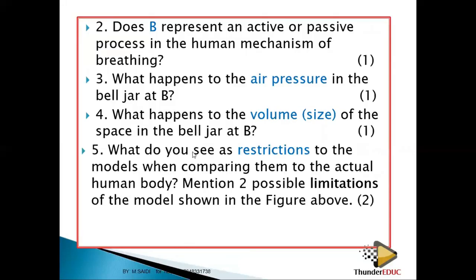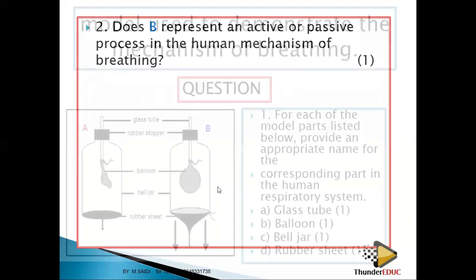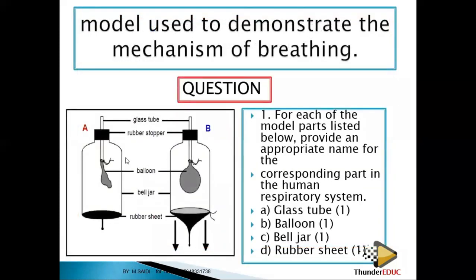Then they're asking, what do you see as a restriction of the model when comparing it to the actual human body? Mention two possible limitations of the model shown above. If you look at this model, what are some of the limitations? Basically, if you look at the rib cage, this bell jar does not move.